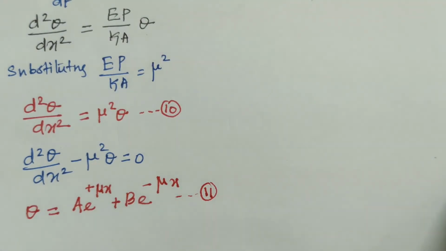This is the general solution for the above second order equation. Here a and b are two unknown constants which can be determined from the boundary conditions of the materials.